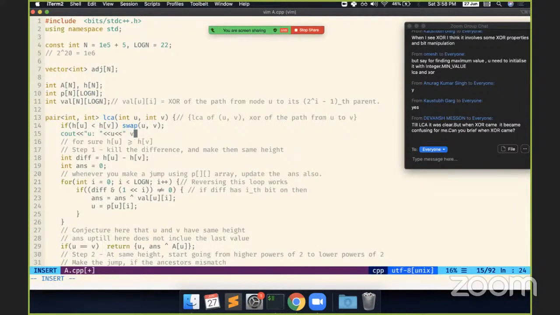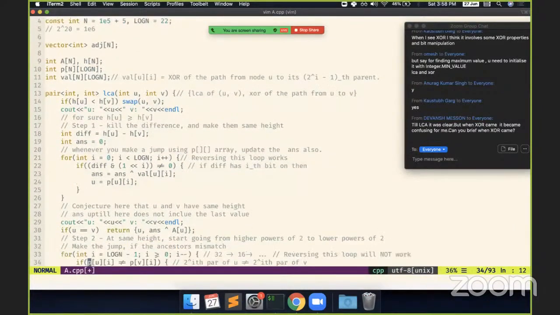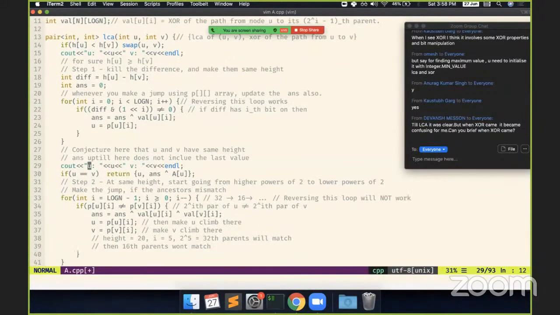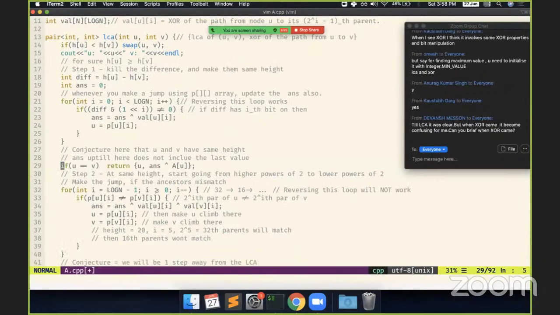I'll just print a lot of statements first, just to see which variables are actually mismatching probably. And I see this. Okay, I think I know what the issue can be.